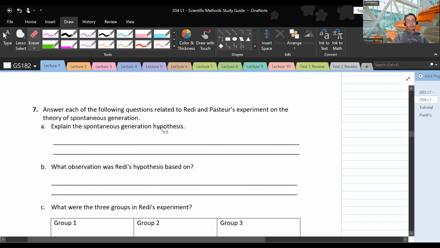So spontaneous generation. Basically, the idea of spontaneous generation states that living things came from non-living things.